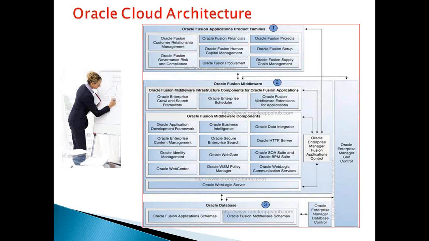All of these are available in the middleware. That's why, to go with the cloud applications, you need to have the Fusion middleware. So middleware contains all your backend information. And finally, of course, the database, which houses our data, is the third tier. So this is the brief architecture of the cloud.